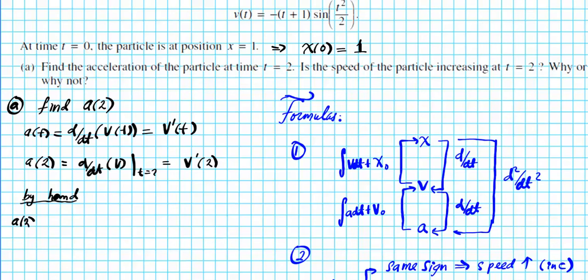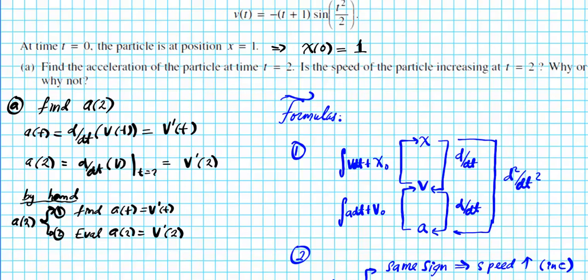A of 2 will involve, first, finding the acceleration, which is the derivative of the velocity. And then the second part will be to evaluate at t equals 2. So you do your calculus first before you do your algebraic evaluation. Calculus before algebra, keep that in mind. So v prime of 2.